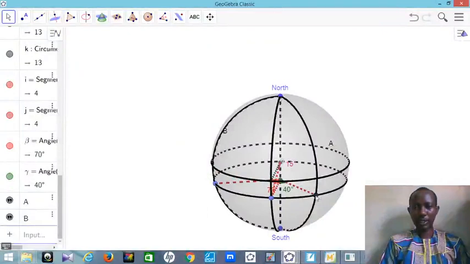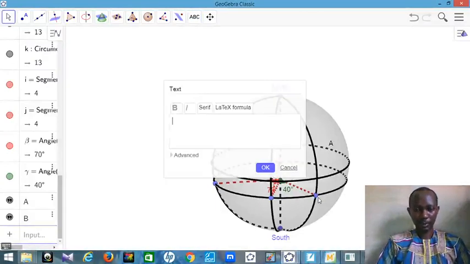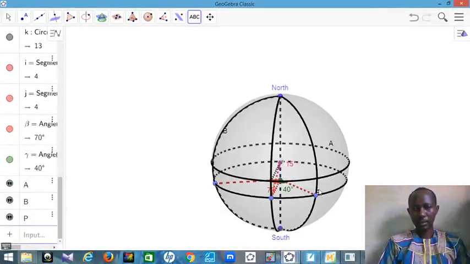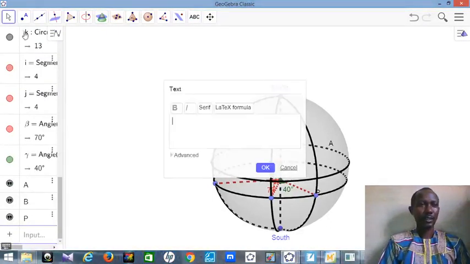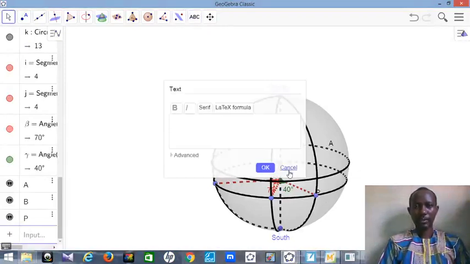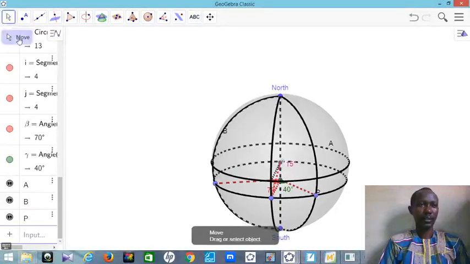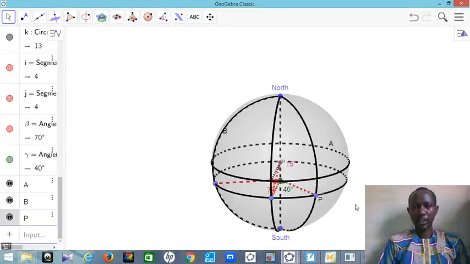So this is point P. You can label it point P. Take note. That is point P. You label it. Okay, so this is point P.